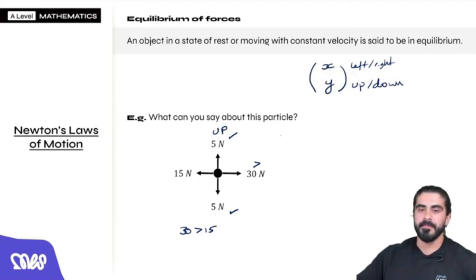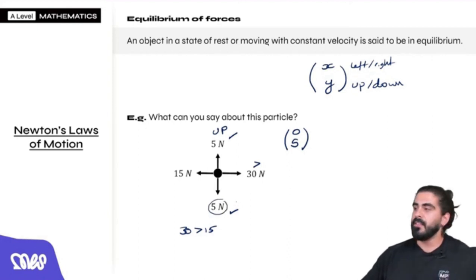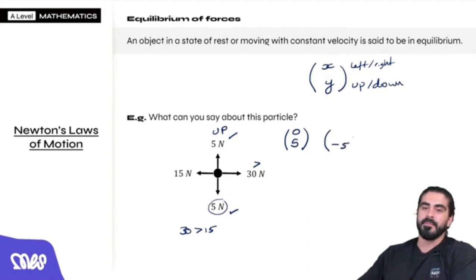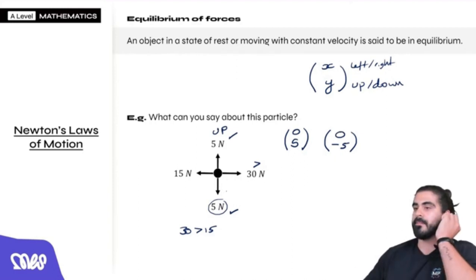So as a vector, we're going 5 in the y-axis and nothing in the x-axis. This force down here is in the y-axis, but it's going downwards. We remember from GCSE translations that if we're going down, then we need to write negatives. It's going down by 5, so we'd write -5. But no movement in the x-axis because it's strictly pointing vertically.